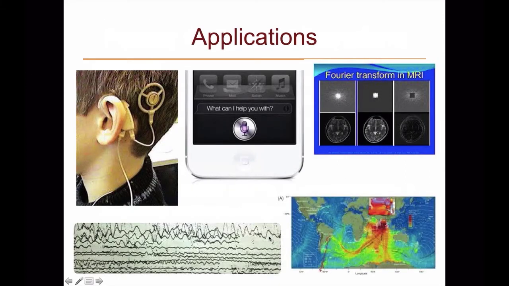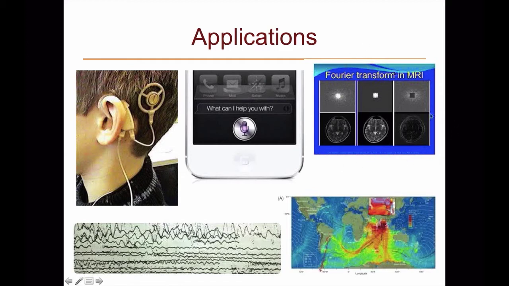You can find applications related to the Fourier transform and Fourier series in many places. For example, to create a cochlear implant, one must understand how to separate the speech sound or the voice into separate channels and then activate the right neurons. Or well-known applications like Siri or Google Voice require an understanding of the frequency spectrum, in the sense that speech itself has multiple frequencies that vary with time.